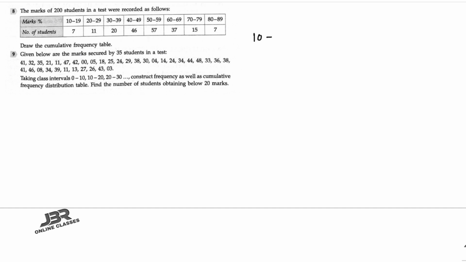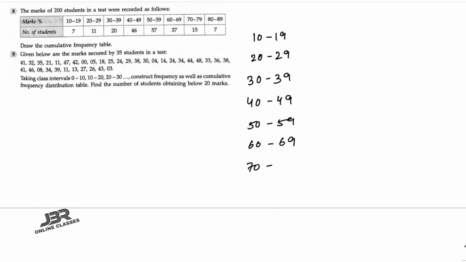So here 10 to 19, 20 to 29, 30 to 39, 40 to 49, 50 to 59, 60 to 69, 70 to 79, last one 80 to 89. Okay, that is marks. Next one, number of students: 7, 11, 20, 46, 57, 37, 15, 7. So these are the frequencies.